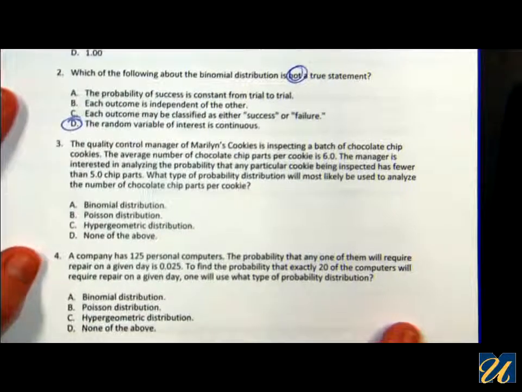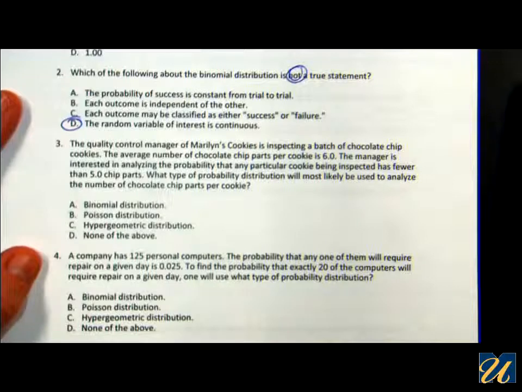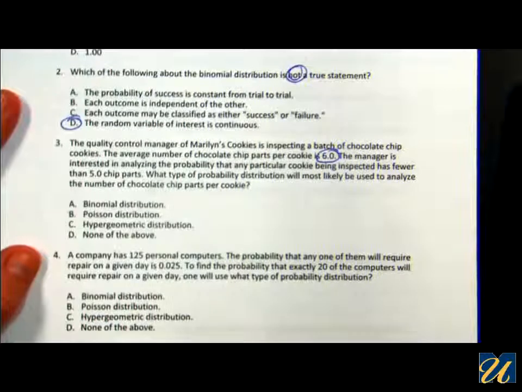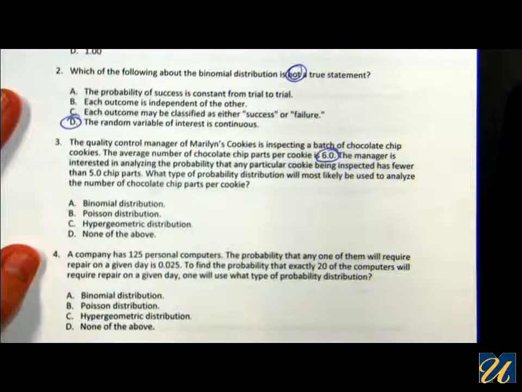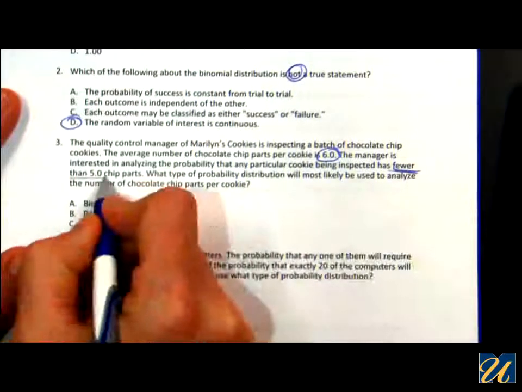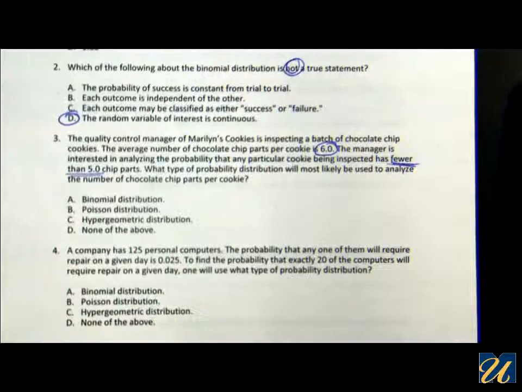The quality control manager of Maryland's Cookies is inspecting a batch of chocolate chip cookies. The average number of chocolate chip parts per cookie is 6. The manager is interested in analyzing the probability that any particular cookie being inspected has fewer than 5 chip parts.